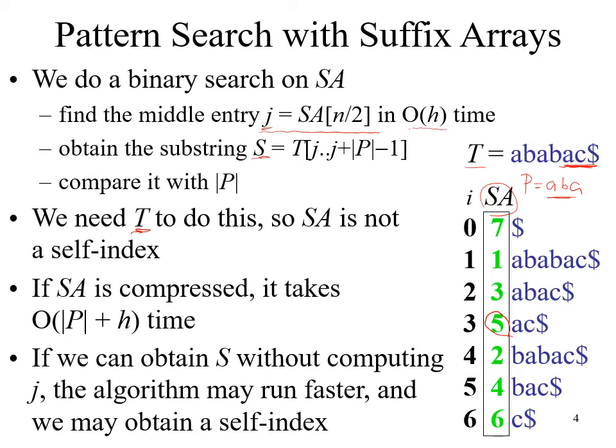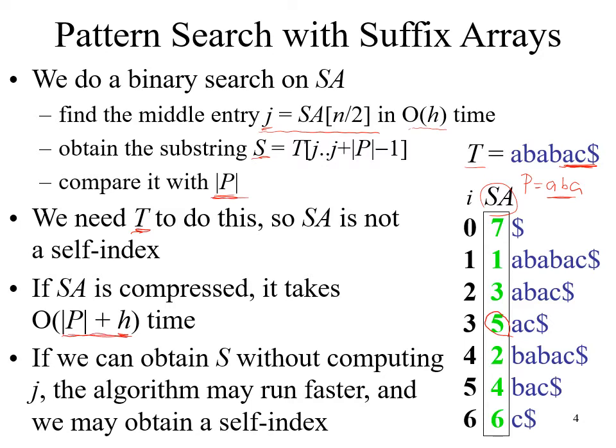We know that the suffix array can be compressed. Then this takes pattern length plus h time, where h is the time to compute one entry of the suffix array. And comparing P with the suffix takes order |P| time.